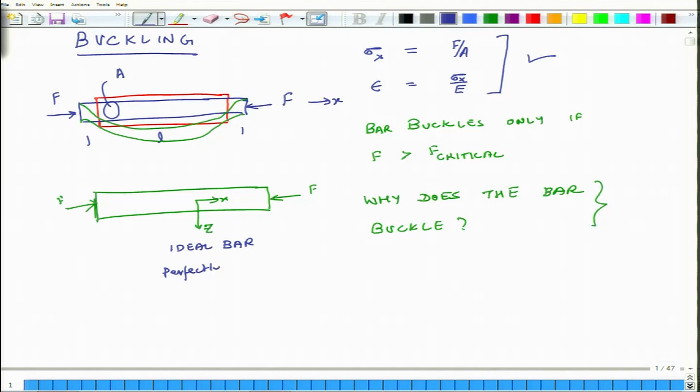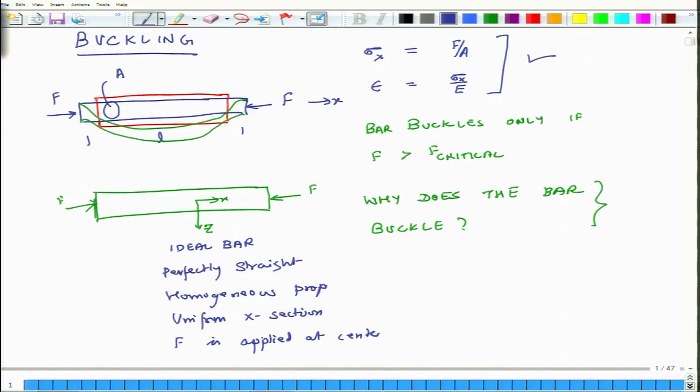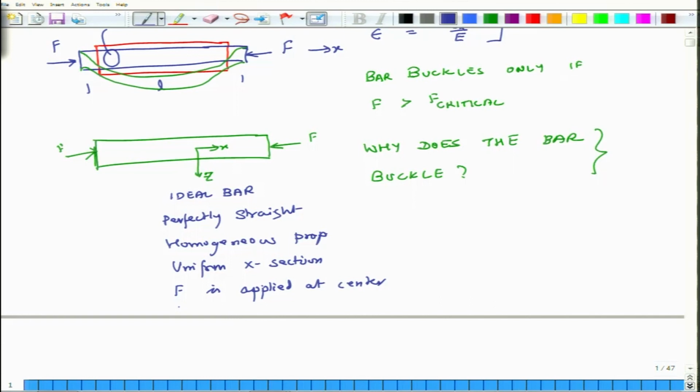Perfectly straight, homogeneous properties, uniform cross section, and F applied at the center, so it is axially applied, and no external disturbances.